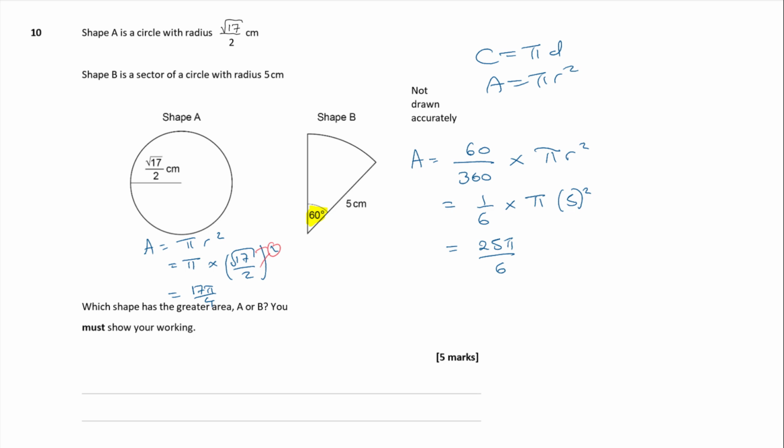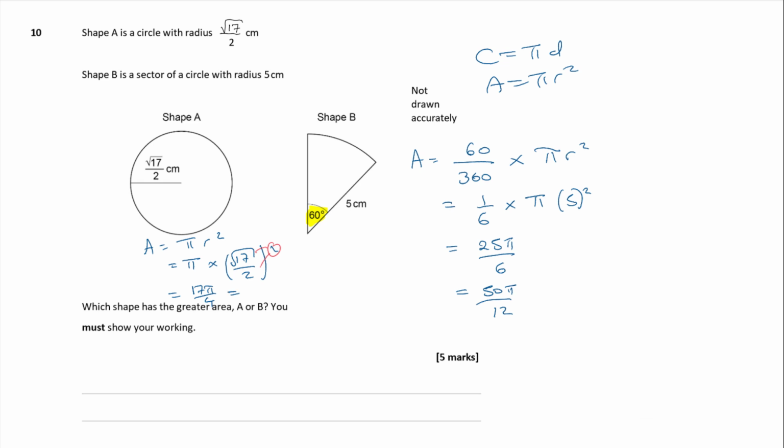Okay, so which one is bigger? I now need to work out if 25 over 6 is bigger than 17 over 4 then. Which is the bigger fraction? Could we find a common denominator for those? 4 and 6 both go into 12, don't they? So if I double up the denominator and the numerator for this one, I'm going to get 50 pi over 12.